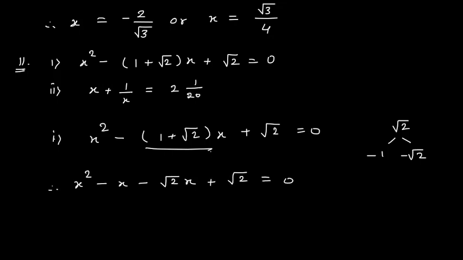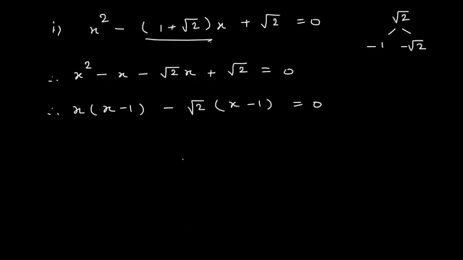So from these two terms I will take x common. So here I have x minus 1. Then I will take root 2 common. So again I have x minus 1 is equal to 0. So therefore I have x minus 1 in one bracket and x minus root 2 in the other bracket, and this whole is equal to 0.